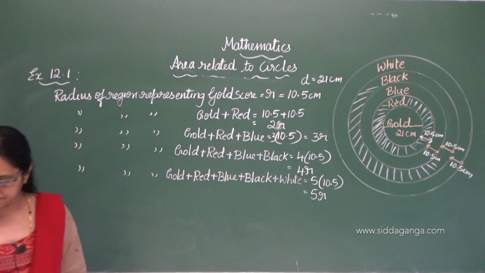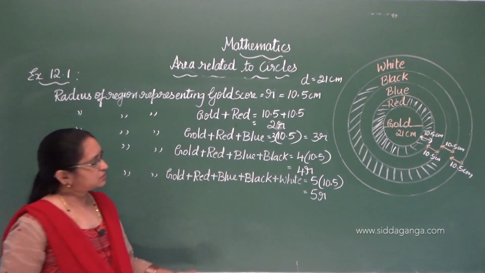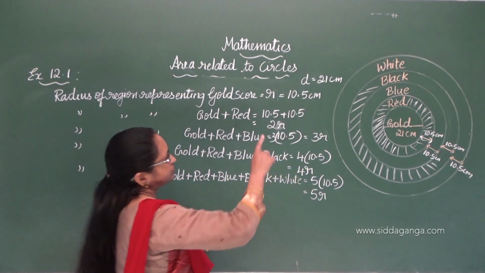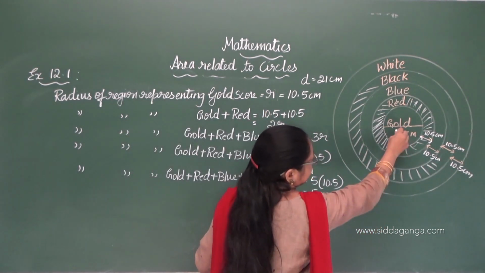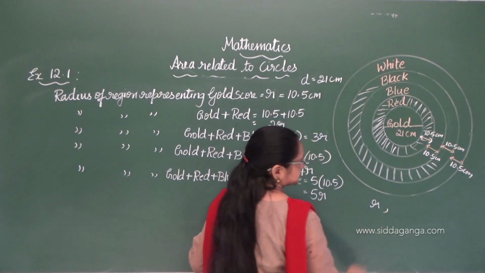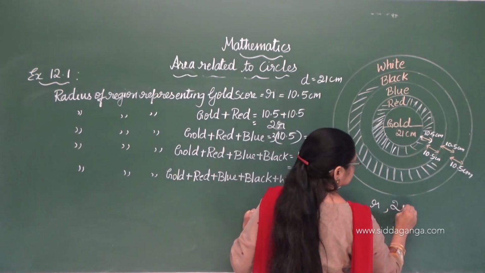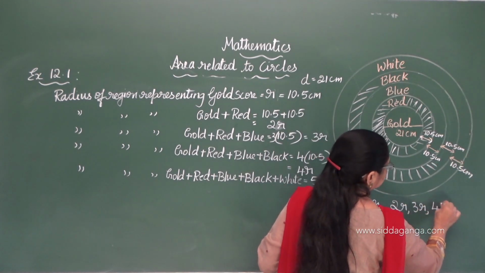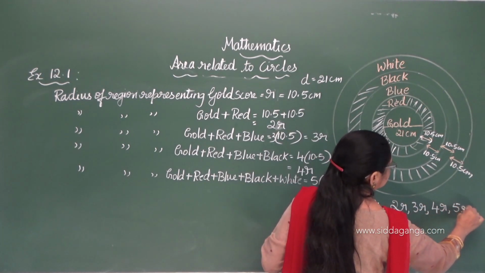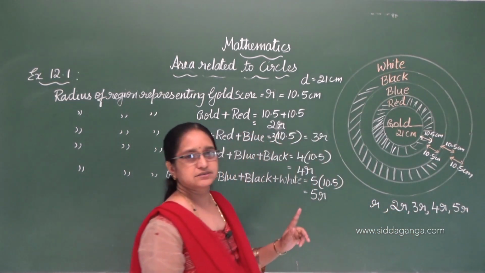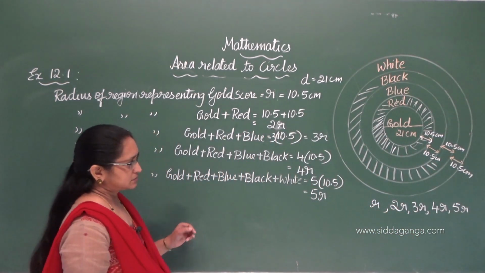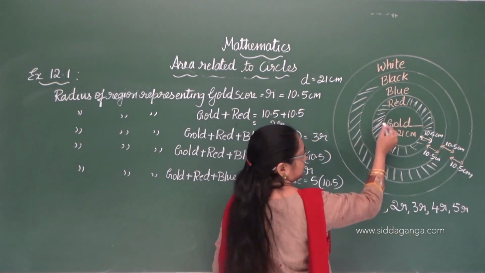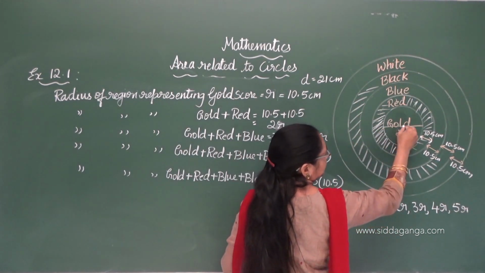Okay. Now, I hope you followed this much. So we have first radius R, next 2R, next 3R, next 4R and next 5R. These are the radii, including the previous regions.